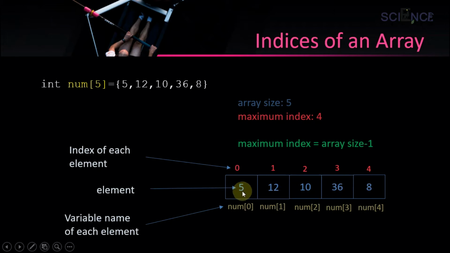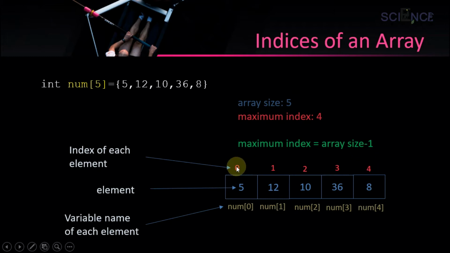So we know there is an array size, right? Here, what is the array size of this array? We have 5 elements, right? So my array size is 5 because I have 5 elements. And what is the maximum index of this array? It is 4, right? Why is it 4?